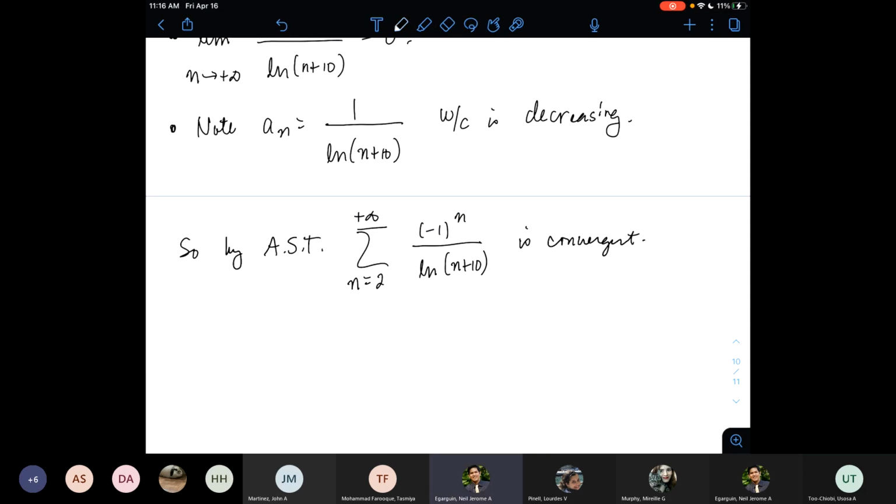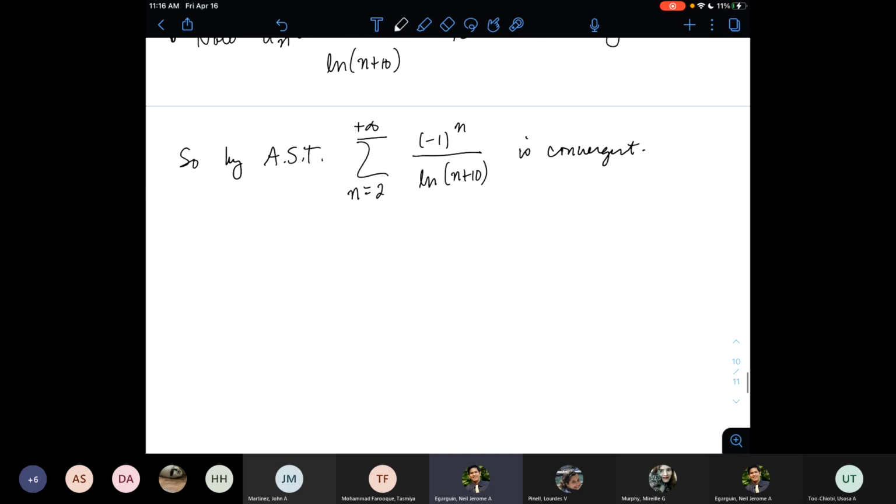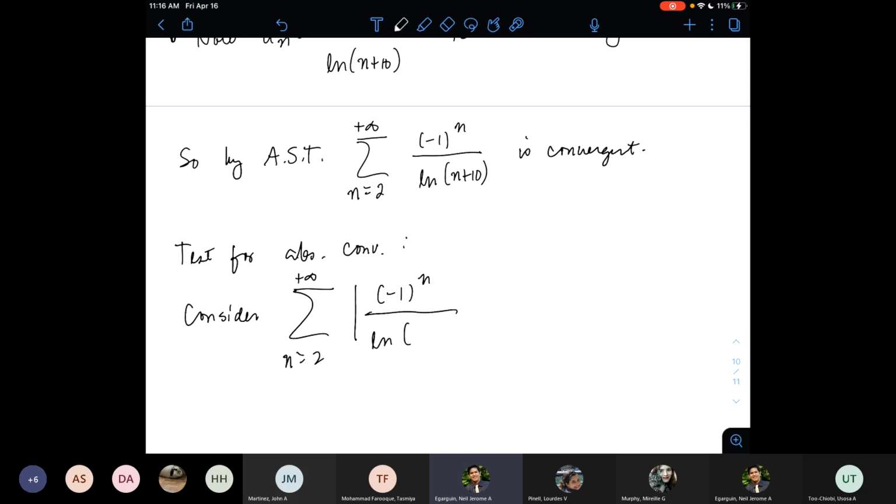But this still has two possibilities. Either this series is conditionally convergent or absolutely convergent. So now let's test for absolute convergence. How do we test for absolute convergence? We consider the series with the absolute values, so enclose everything inside an absolute value, and see if this is convergent.